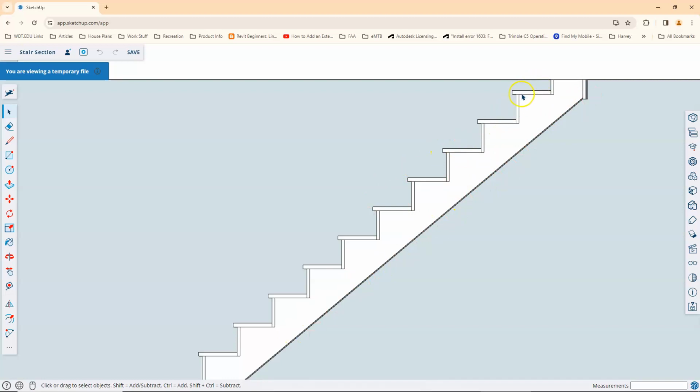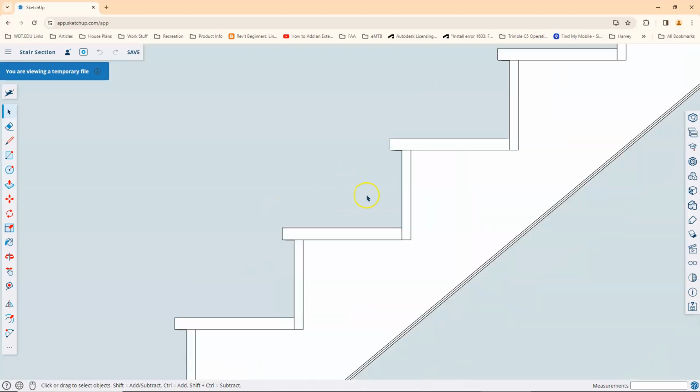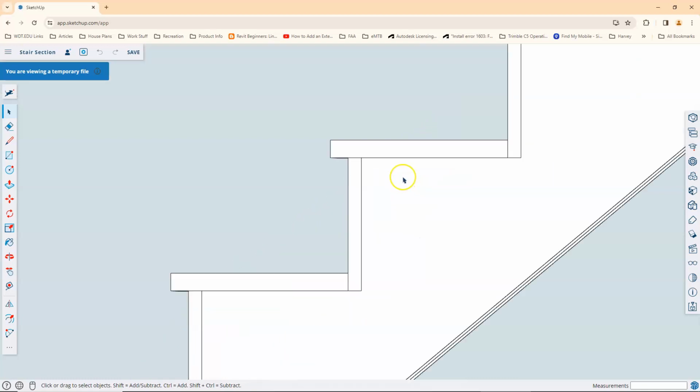There is an imaginary line running across from this point right here to all of the other points, and that represents essentially where the original other edge of that 2x12 was. So we can imagine that the distance from this point right here down perpendicular to the back side of the stringer is going to be the width of a 2x12, 11¼ inches.